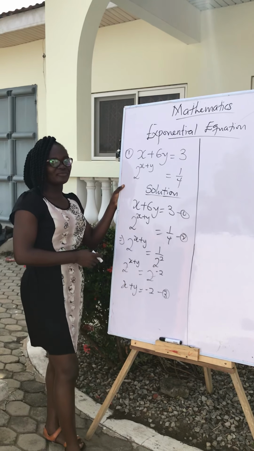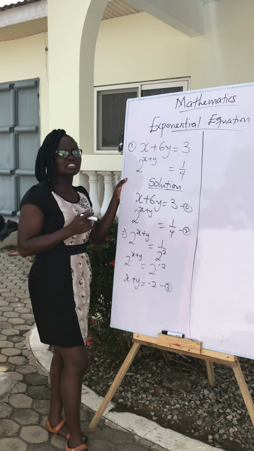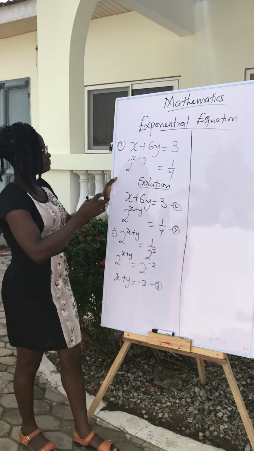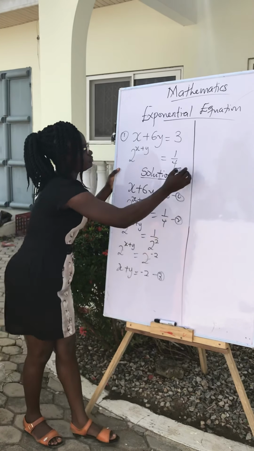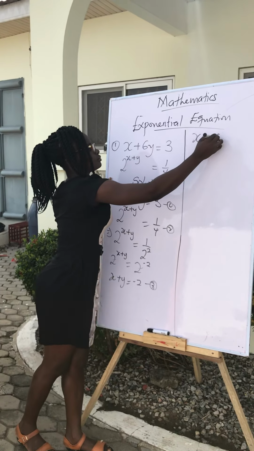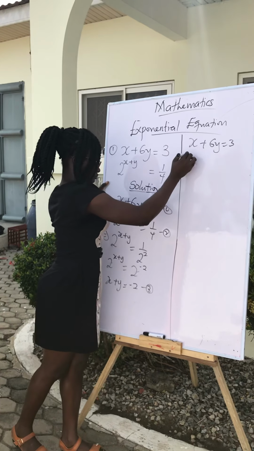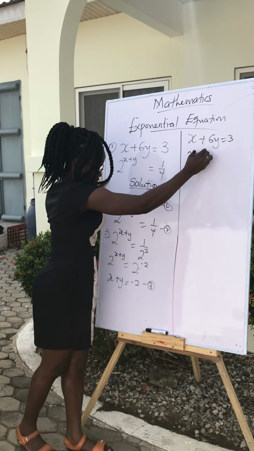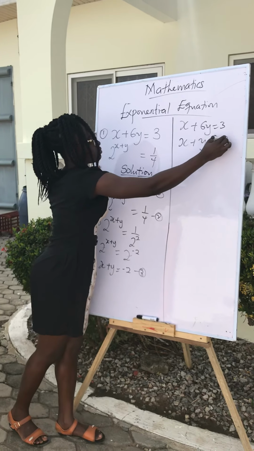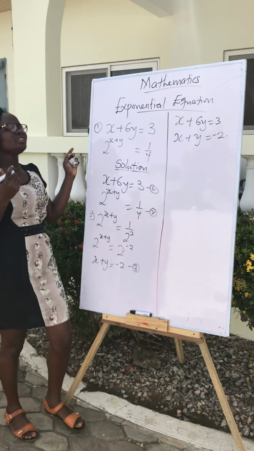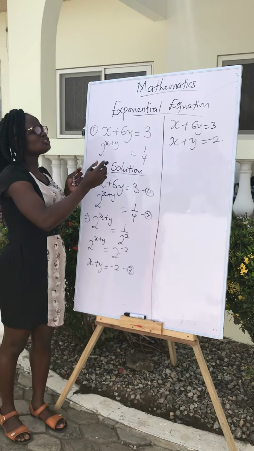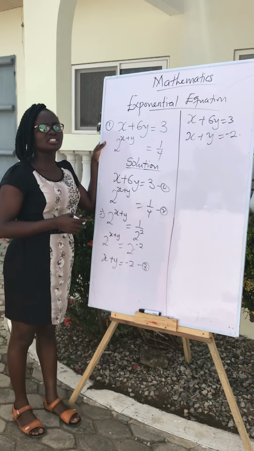equation 3. Bringing the two equations together gives us x plus 6y equals 3 and x plus y equals negative 2. Now we can solve this one simultaneously.